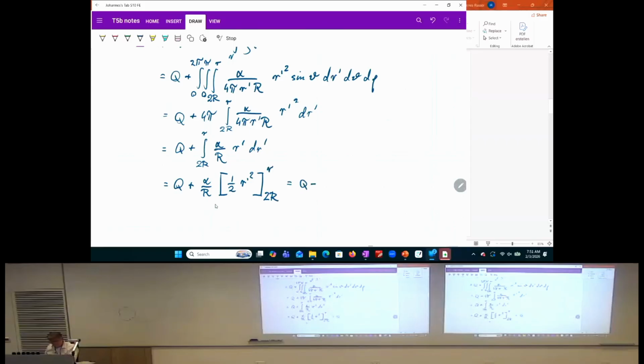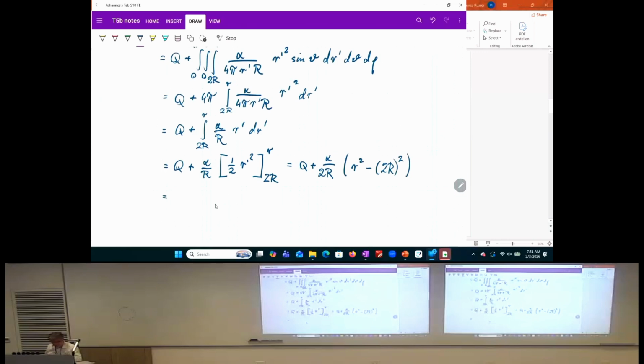So this is Q plus alpha, the 1/2 I also pull out, over 2R. Then we insert r, that would be r squared, and as a beginning boundary, minus 2 capital R. And then you have here Q plus alpha over 2R, r squared minus 4R squared.